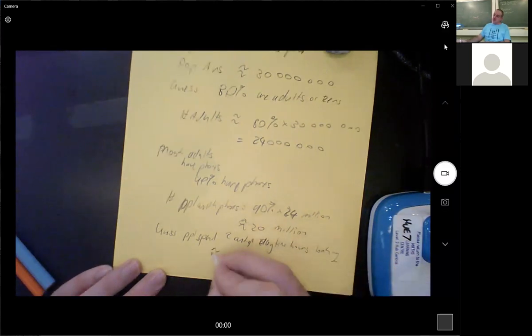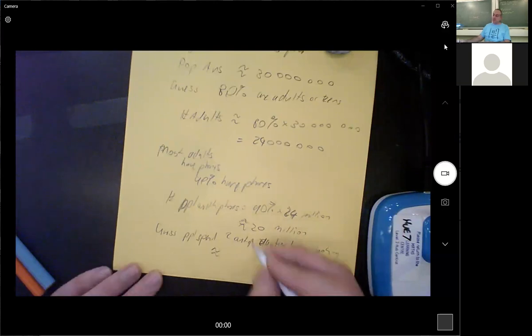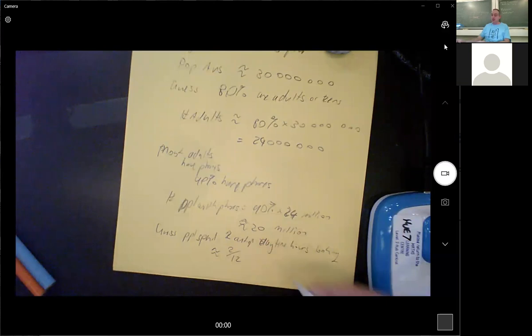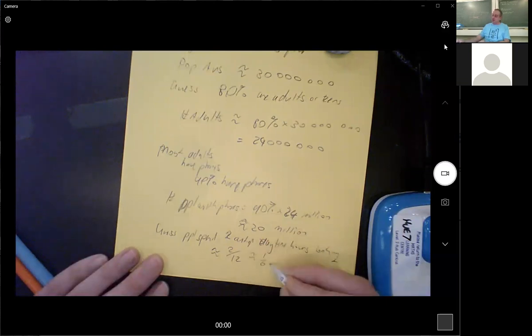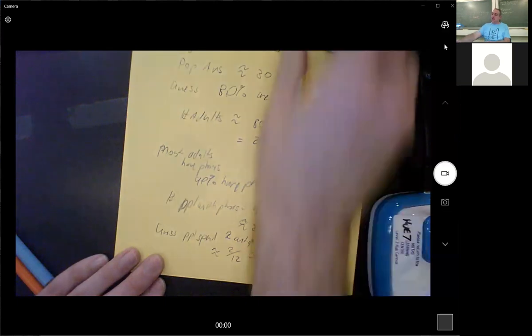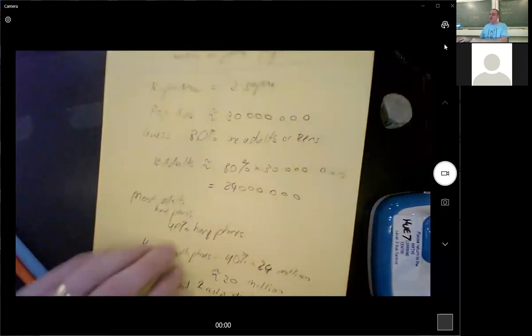So that's approximately 2 out of, say, 12 hours of daylight, right? 1/6 of the time. And so I'm guessing that 1/6 of the people are currently looking at their phone.